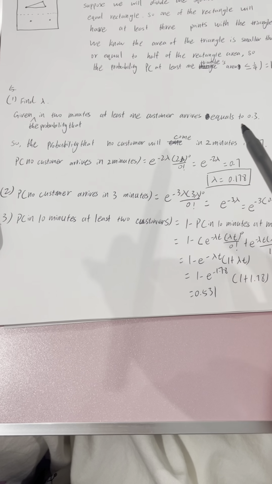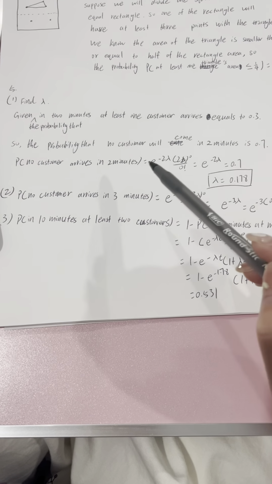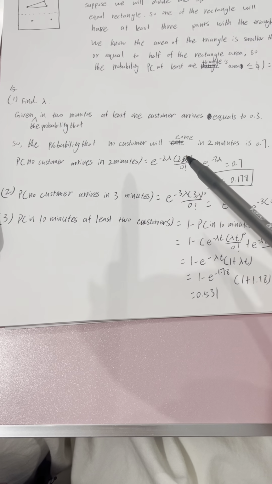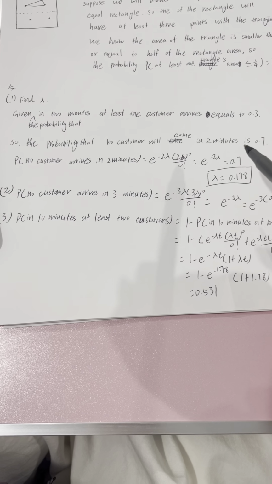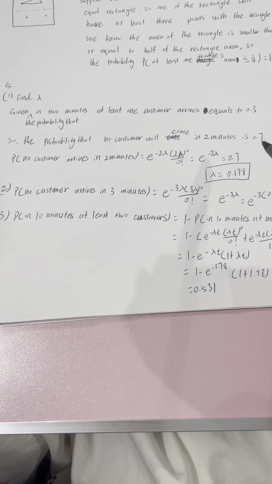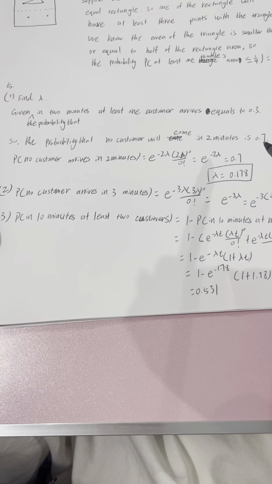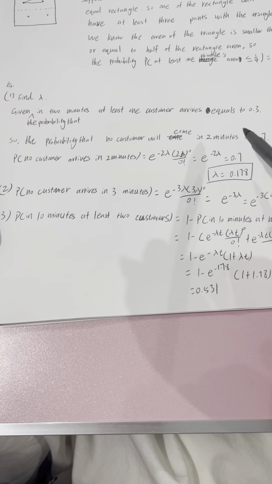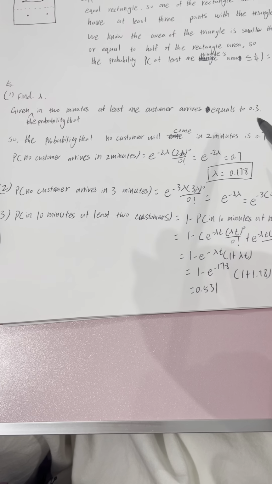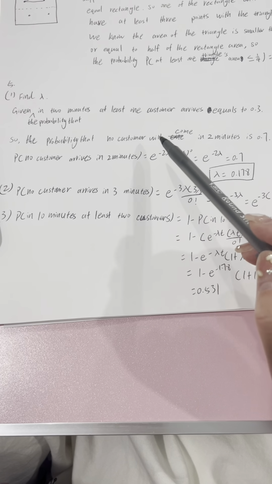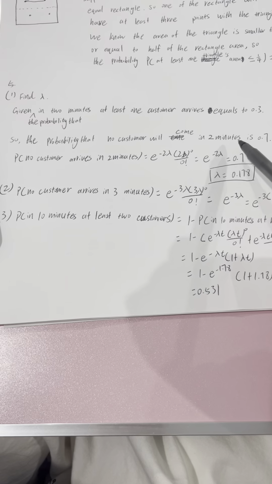So the probability that no customer will arrive in 2 minutes is 0.7, which means 1 minus 0.3 is equal to the probability that no customer will come in 2 minutes.